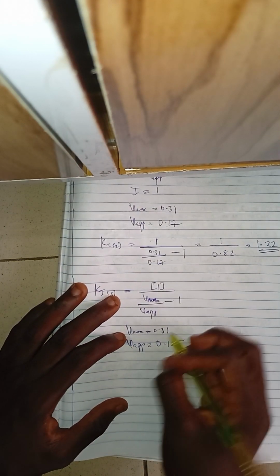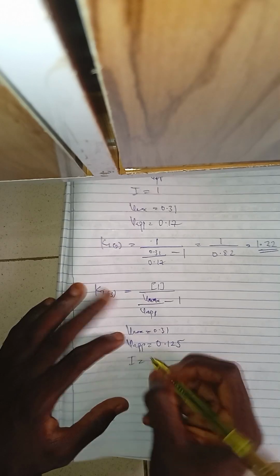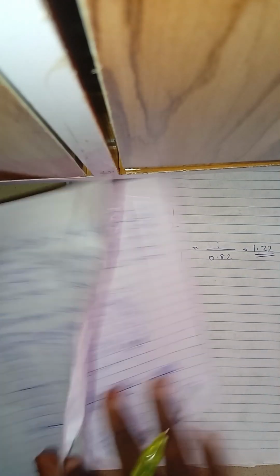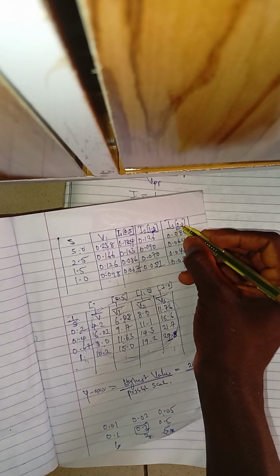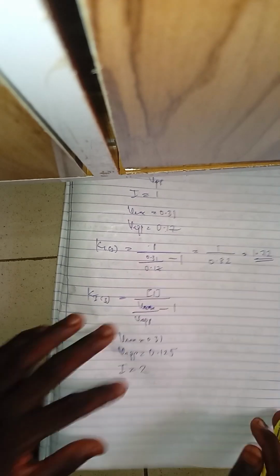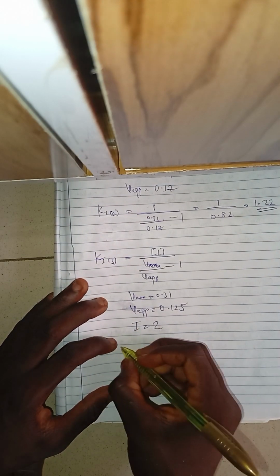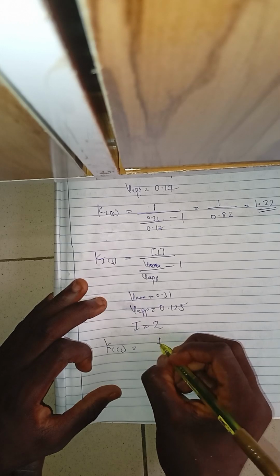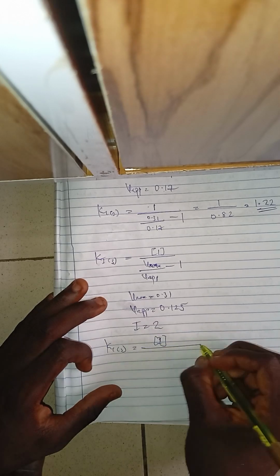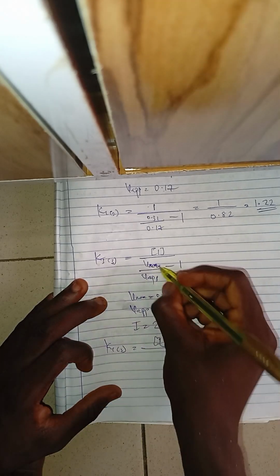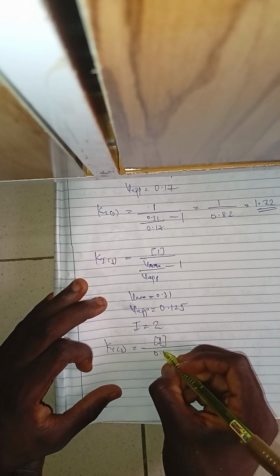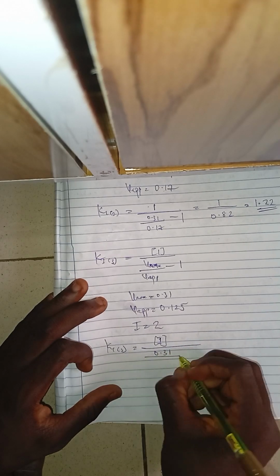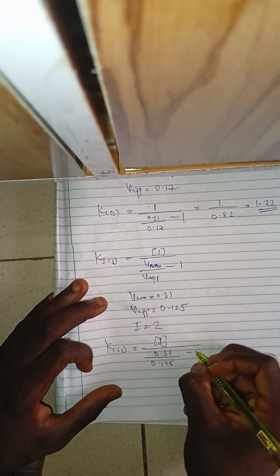Our concentration of the inhibitor at that point is what? Can you check the question? It's 2. So I'll put 2 here. We use the formula Ki for the third one is equal to I all over Vmax, 0.31 over 0.125, minus 1.